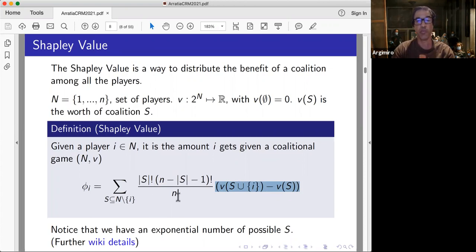Just by looking at this definition, you can see that this is computationally hard, because you have an exponential number of possible coalitions, and precisely much research has been done in approximating this quantity. But it gives you a precise value, this Shapley value, of the contribution that a player has to the coalition.